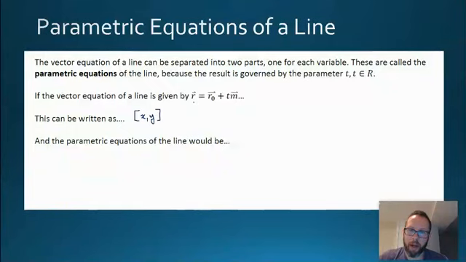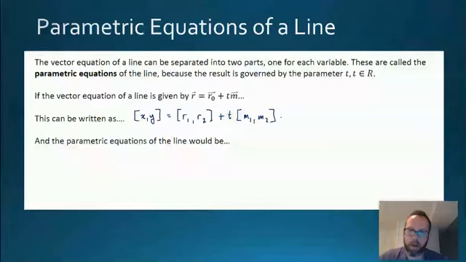Every point on the line I can write as (x, y), and I'm going to write my position vector as r1, r2. And I'm going to write my direction vector as m1, m2.